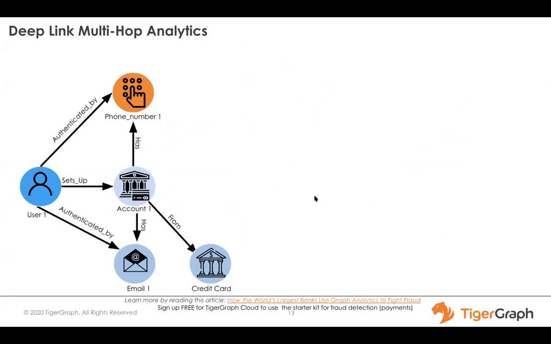So let's look at a schema design for this. This is not just a pretty UI; there is a schema behind it. I will also show you the shortest path algorithm right on the screen over here. Now we know that from one particular hop, or from a user, we have all his details: his account number, phone number, email address, and the account also has a credit card, let's say over here.